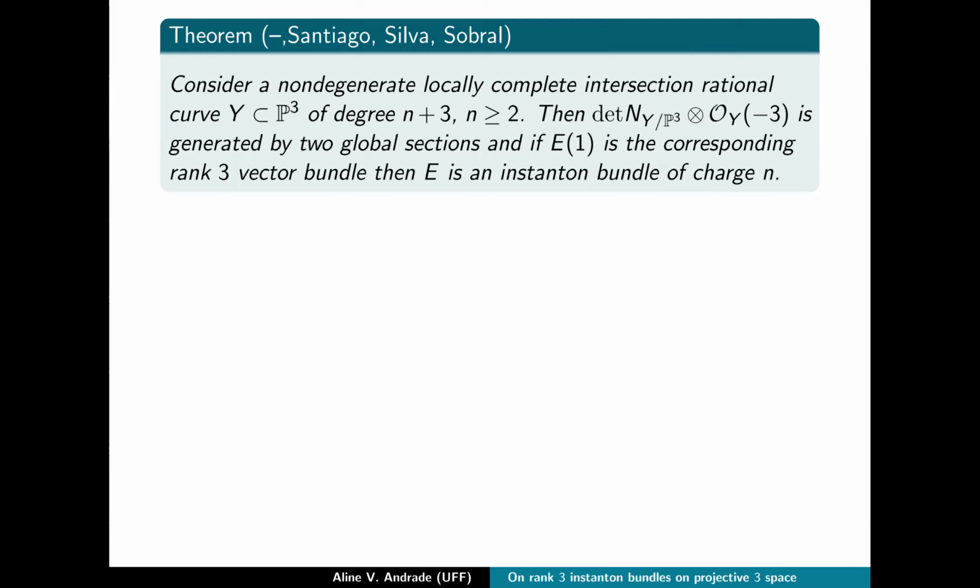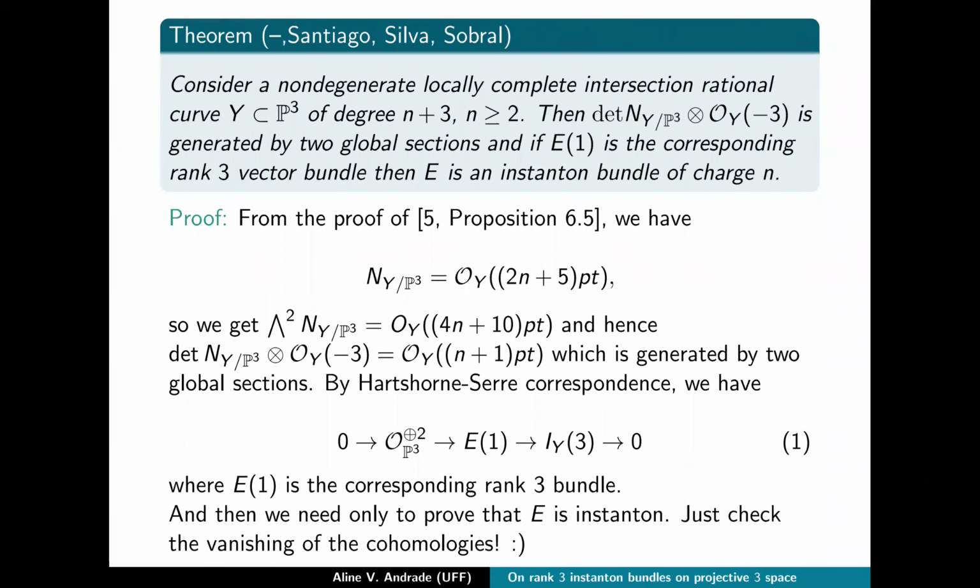So we have this association between locally complete intersection rational curves on P3 and instanton bundles of charge n. Jardine, Markusevich, and Tikhomirov give this characterization of the normal bundle.